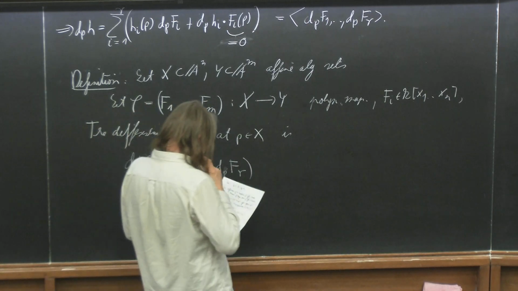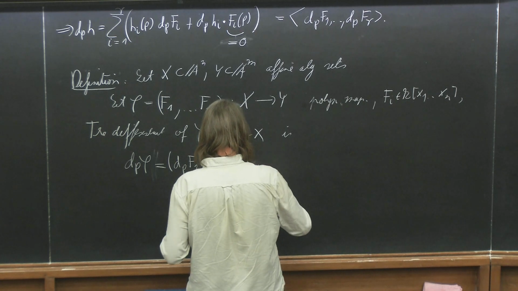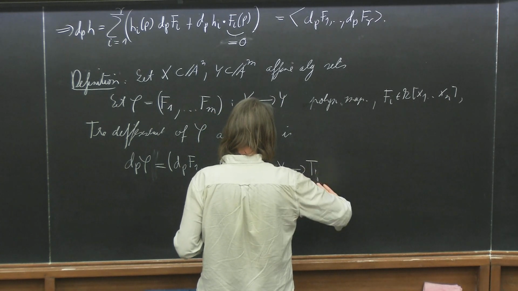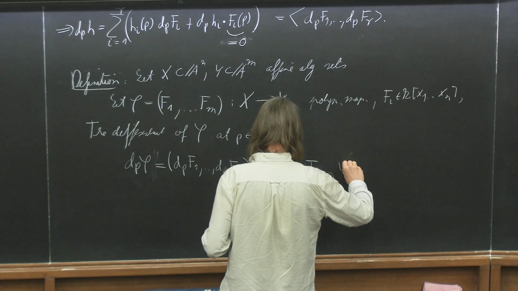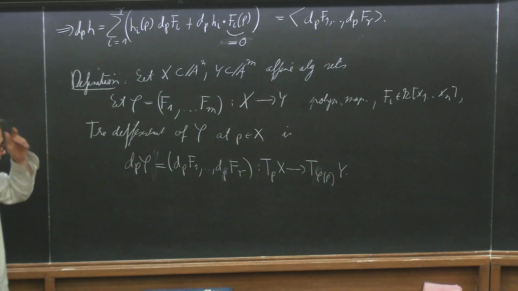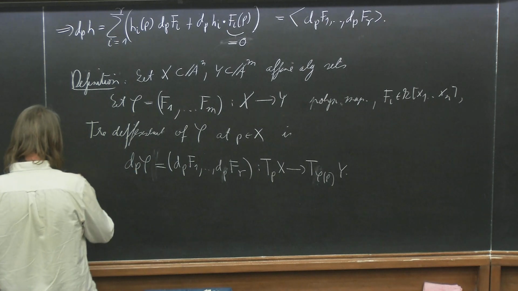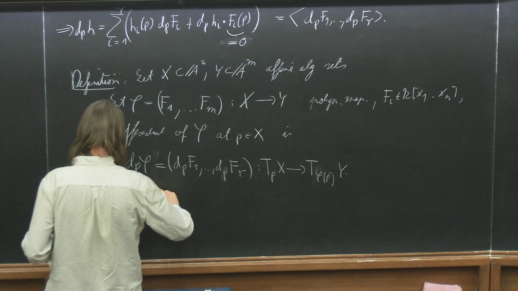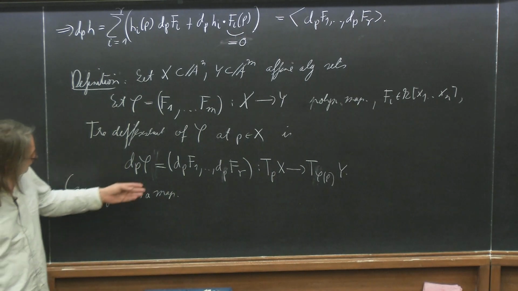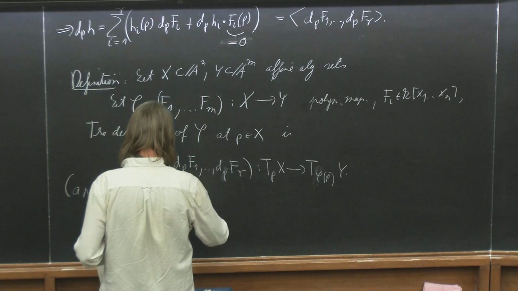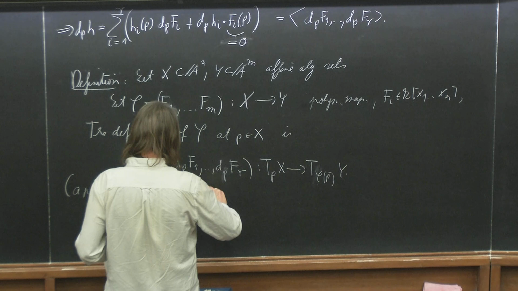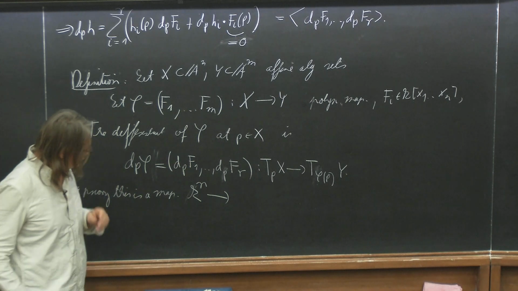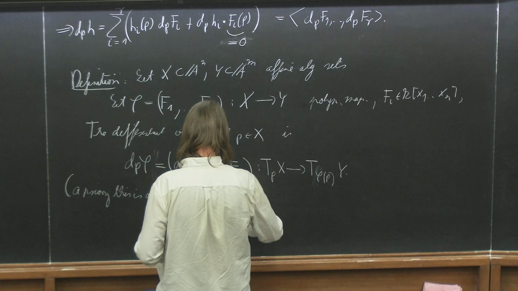So, okay, and I claim this goes from T_P X to T_phi(P) Y. So a priori, this is a map from K^N to K^M, because I take these differentials as input, take an element in K^N to K^M.